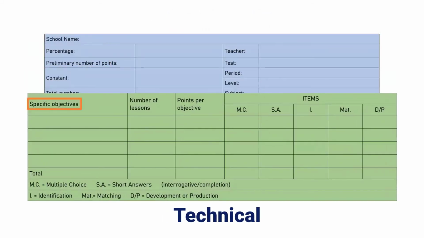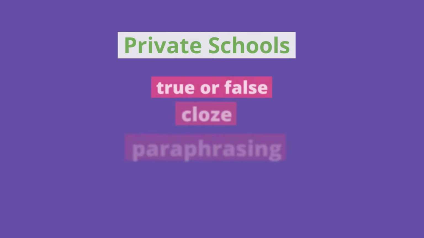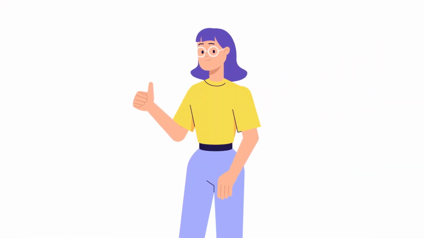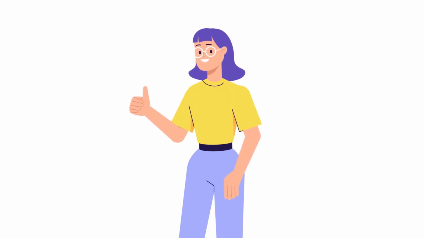The technical part focuses on the objectives and the content covered, the time spent on each objective, and the possible selection of items, which, in private schools, might include some other types of items like true or false, close, paraphrasing, and essay, among others. After all of Colin's explanations, Angela is now eager to construct her first TOS.